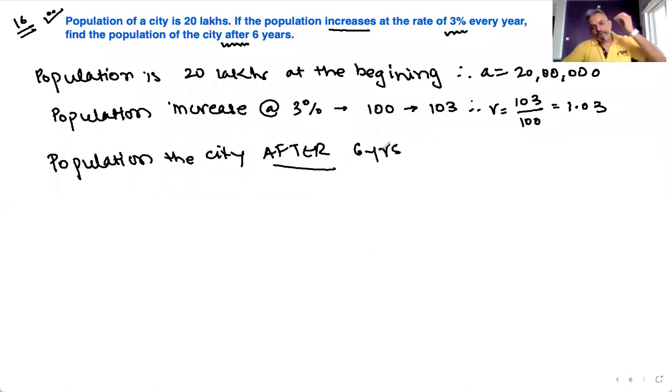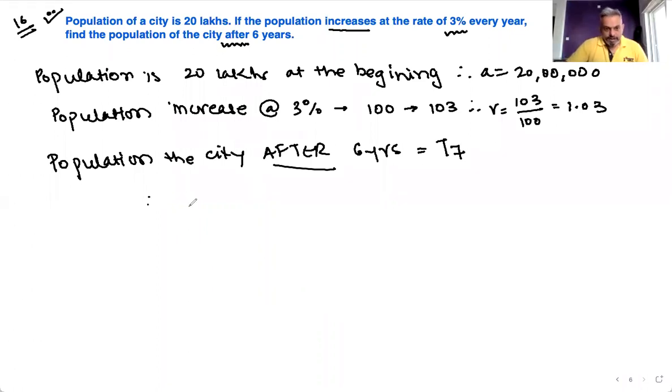If it was given what will be the population in the 6th year, it was not a problem, but here it is given after 6th year. So end of 6th year and beginning of the 7th year. So that will be T7.